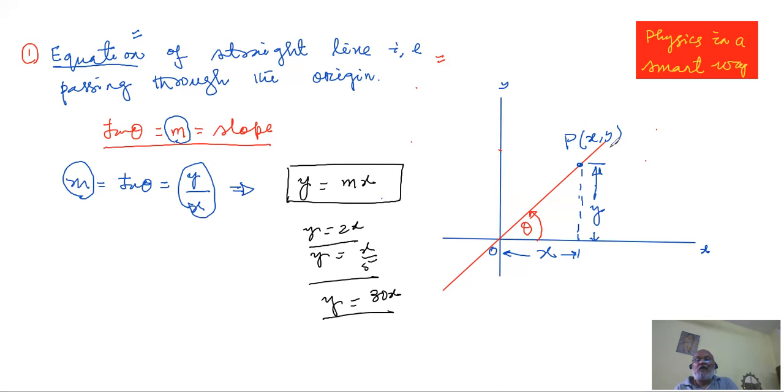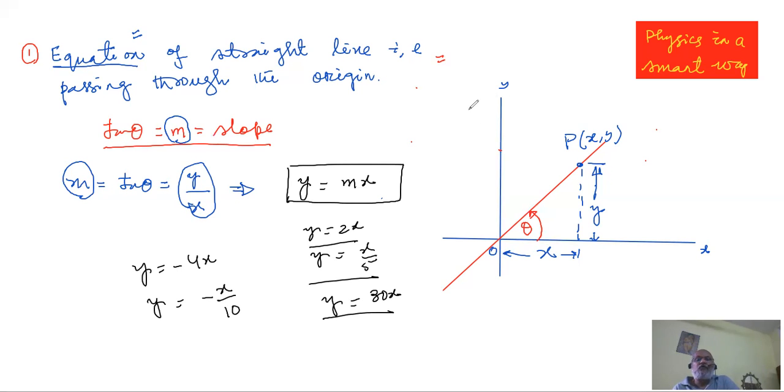If the line remains in the first and third quadrant, then its slope is positive. If the line remains in the second and fourth quadrant, the slope angle will be an obtuse angle. There we'll have equations like y equal to minus 4x, or y equal to minus x by 10 or something like that. So the moment you see m has become negative, that means the line is to be drawn in the second and fourth quadrants. I think that is clear.